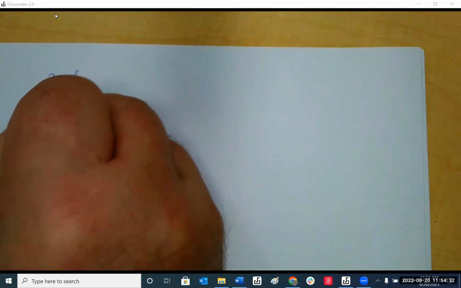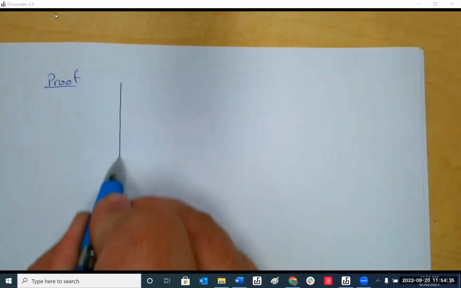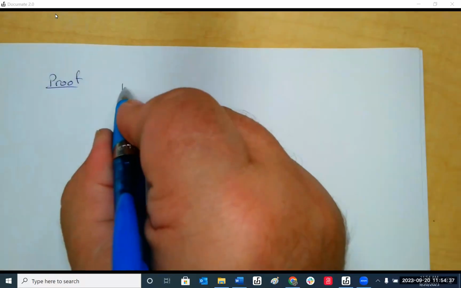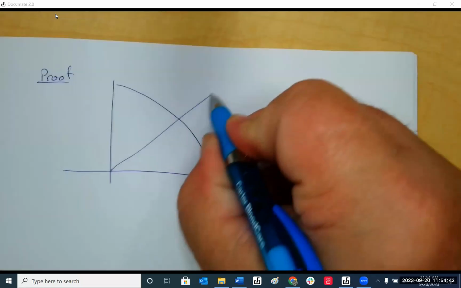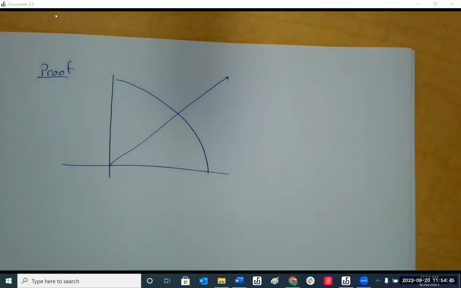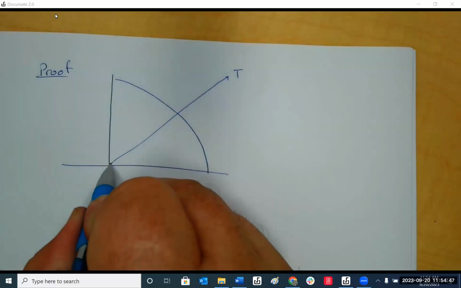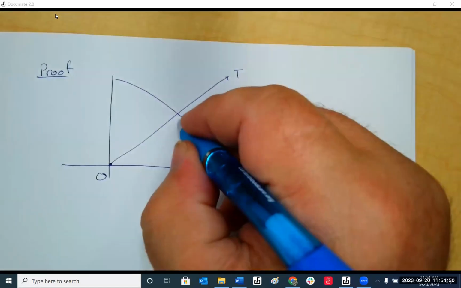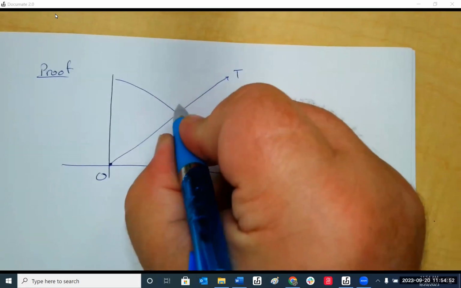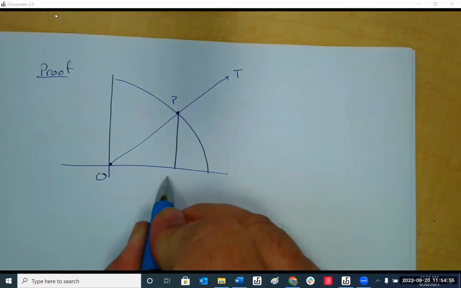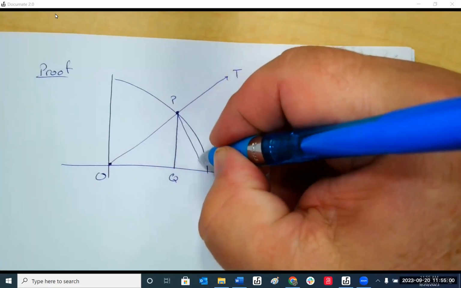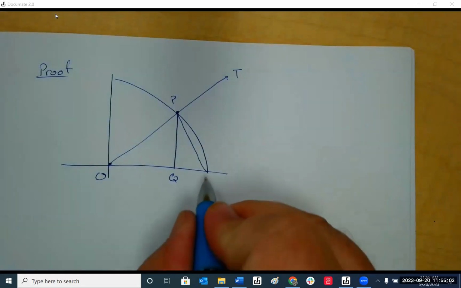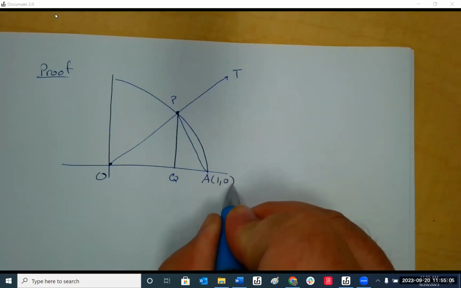So the proof of it is, we're going to need one quadrant. And this is T. That's O. This is our point P. This is Q. And this is our point 1, 0.